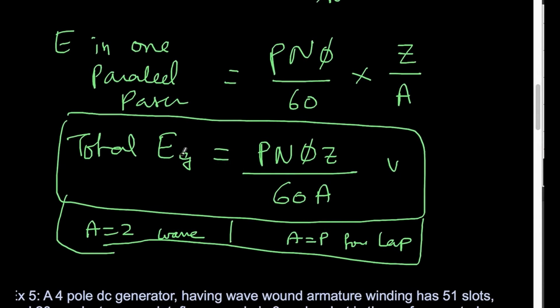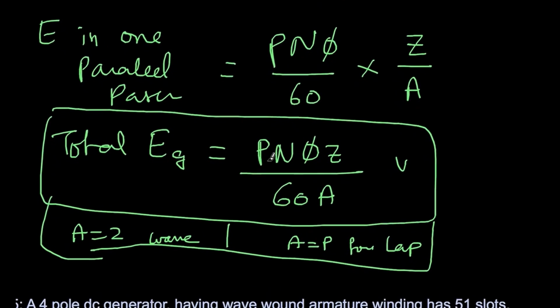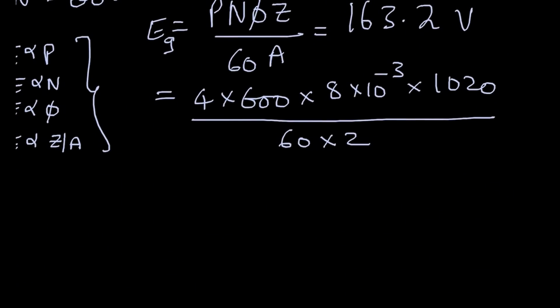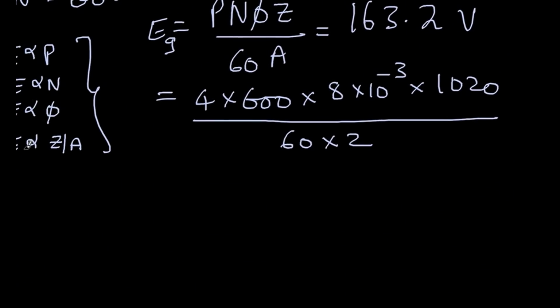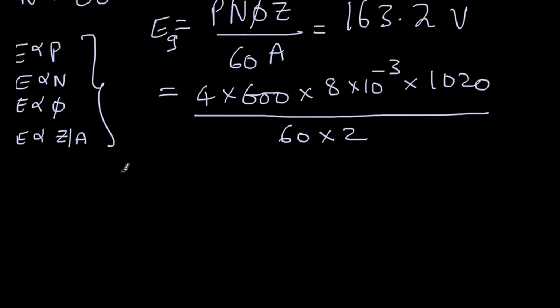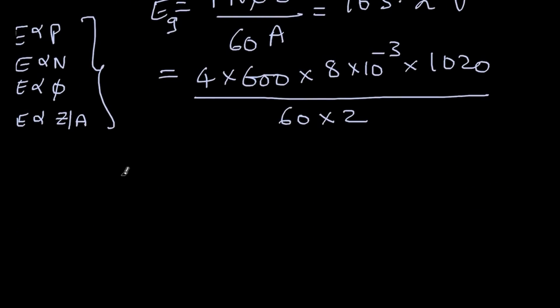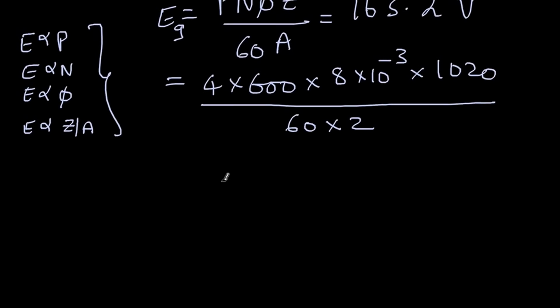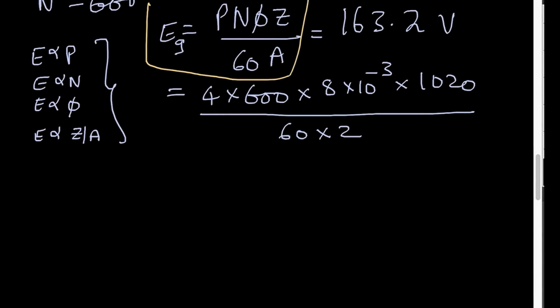And it is also not very difficult to remember, because EMF generated is, as I have written here, proportional to P, proportional to N, proportional to flux, and proportional to Z by A. In fact, let me add a point here. If you look at this equation, P is constant, and the number of conductors is also constant, and the number of parallel paths is also constant. 60 is also constant. So if I denote all these things with Ka, see, dynamically I cannot change the number of poles once the machine is constructed.